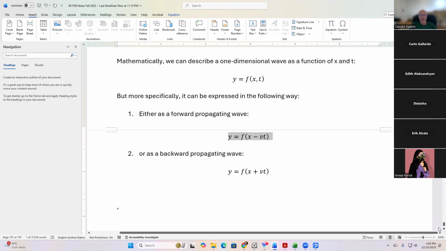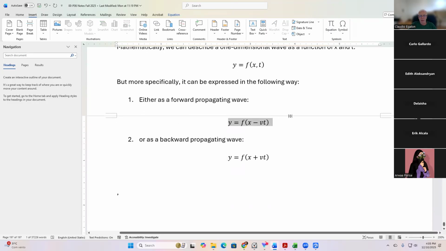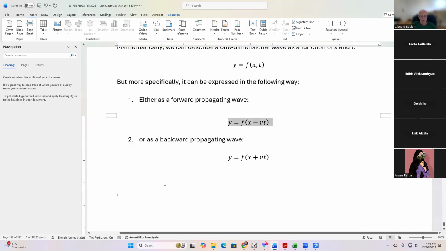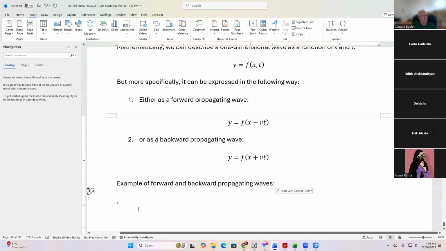So any wave that has this generic functional format will be a forward propagating wave or a backward propagating wave. Okay? Examples of forward and backward propagating waves. Now I'm going to be even more specific.